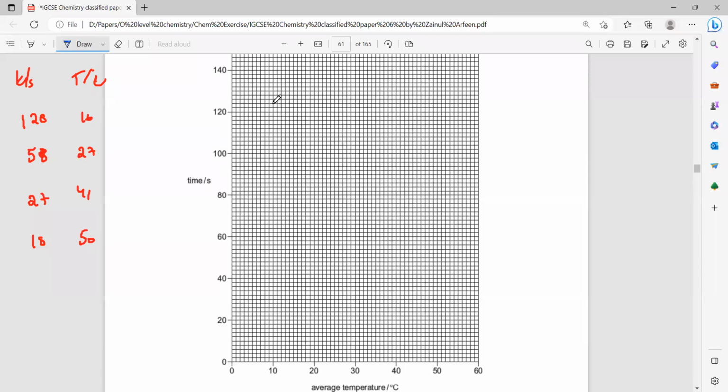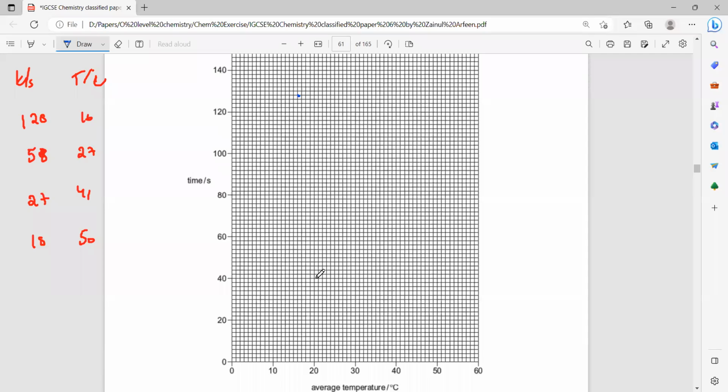So 122, 4, 6, 8, 128, and then 1, 2, 3, 4, 5, 6. So this will be 16 and 128. And then 58 and 27.